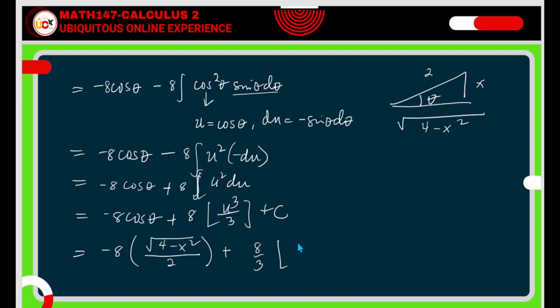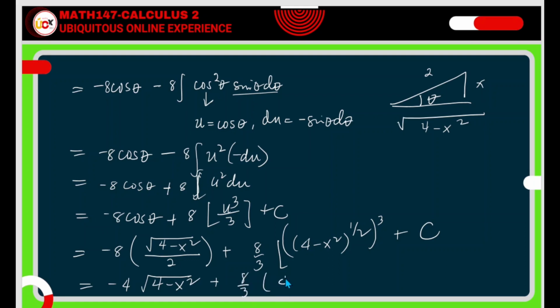Recall that u is 4 minus x squared raised to 1/2, raised to the third power, plus the constant. Or negative 8 divided by 2 is negative 4 times the square root of 4 minus x squared, plus 8 over 3 times 4 minus x squared raised to 3/2 plus the constant. So this is the final answer.